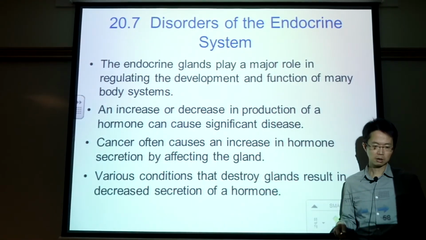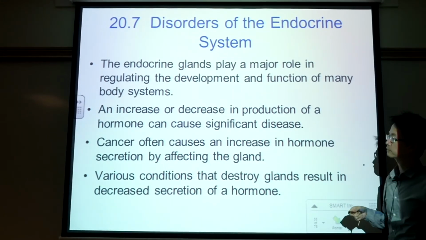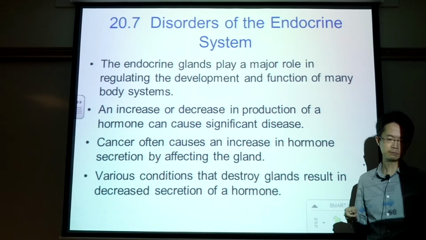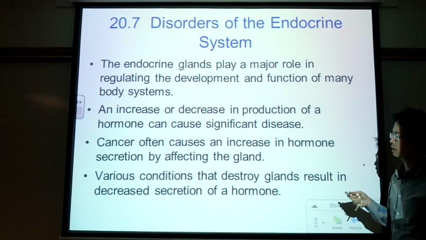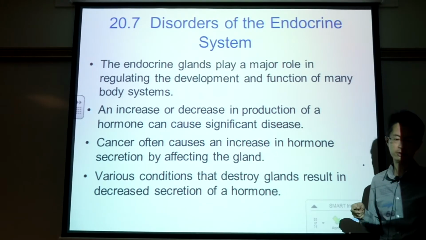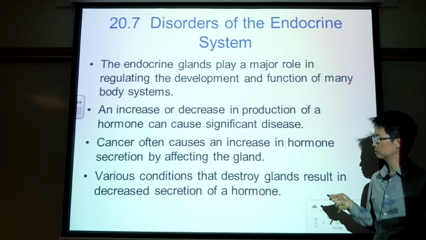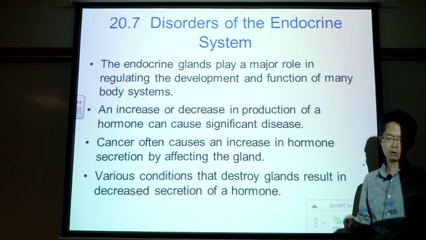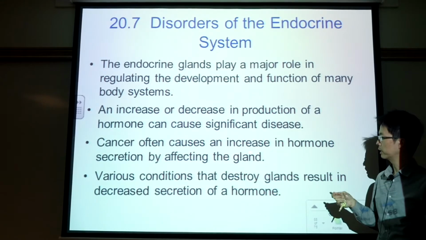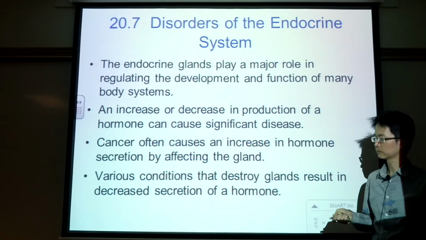So, disorders of the endocrine system. There are lots of disorders related to the endocrine system. Too much or too little of a hormone can cause pathology. If a cancer or tumor grows on an endocrine gland, it will stimulate or increase the production of that hormone or the effect of that gland.